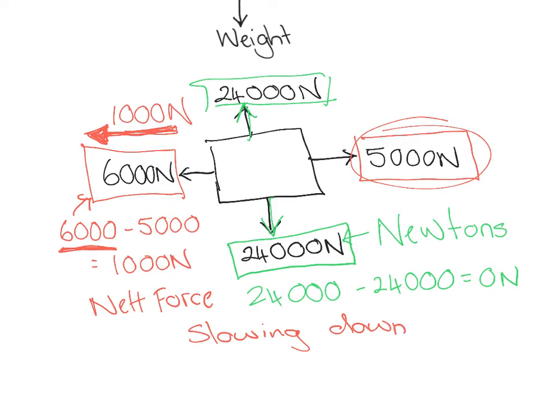So just to recap, we always have to look at our opposite forces. If they're the same, there's going to be no change in motion. It will stay still, or it will carry on moving at a constant speed.